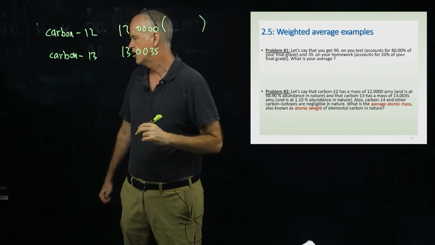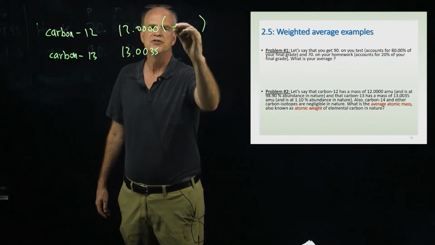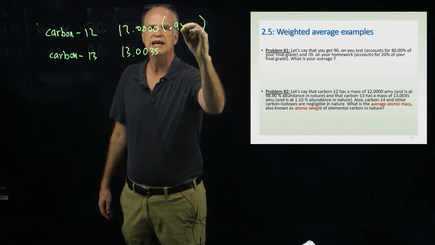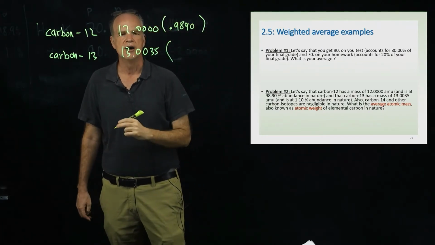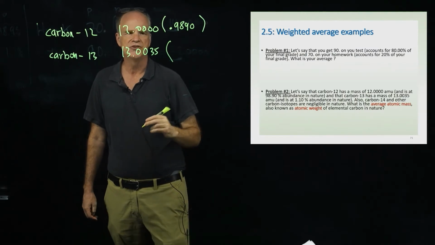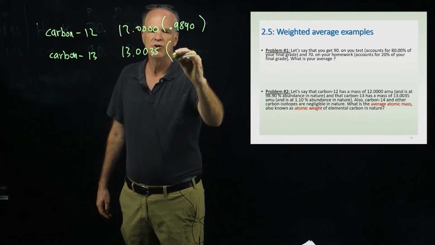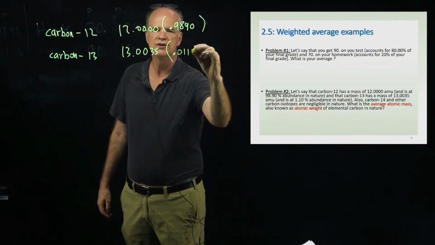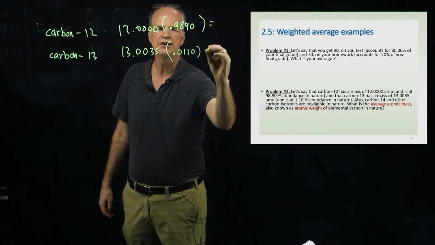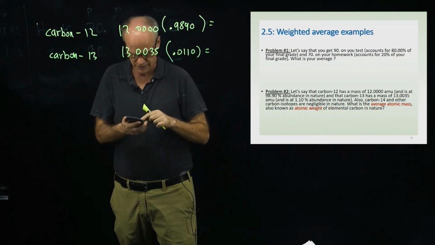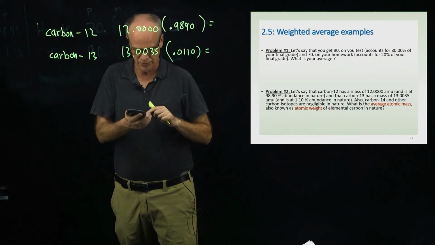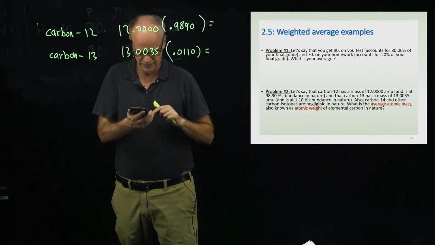And so carbon 12, there is 98.9%. So we're going to multiply by 0.9890. Carbon 13, its abundance is 1.1%. So the decimal form of that is 0.0110. And so we'll go ahead and do that and see what numbers we get. So it's going to be 12 times 0.9890.